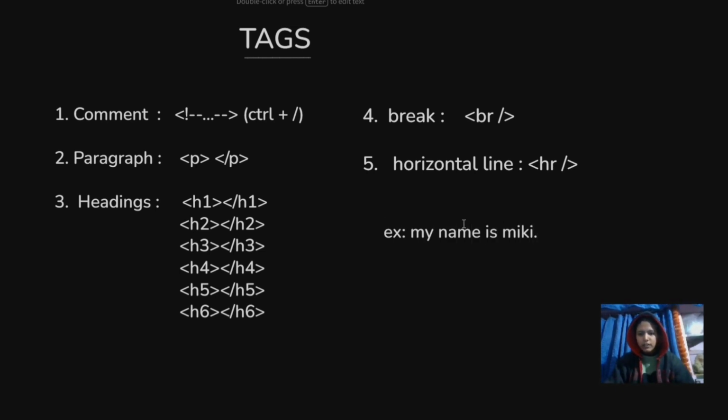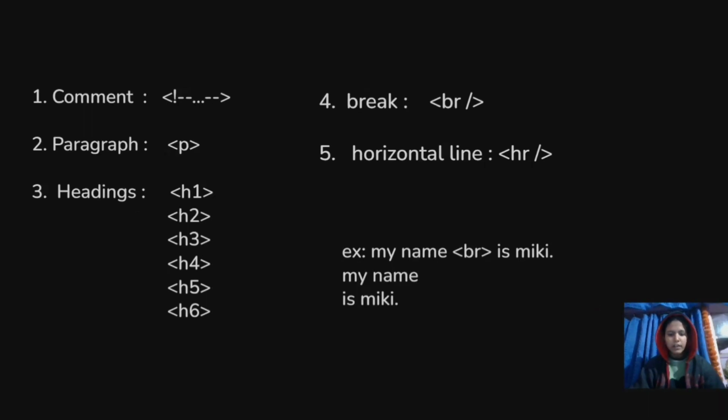And if I want my name printed in one line, and in the next line, is Mickey, then I use break, so it breaks the line, meaning it separates the content. So in the paragraph tag we write my name, this break tag, and is Mickey. So basically it prints in the web page like this. This is the use of break.